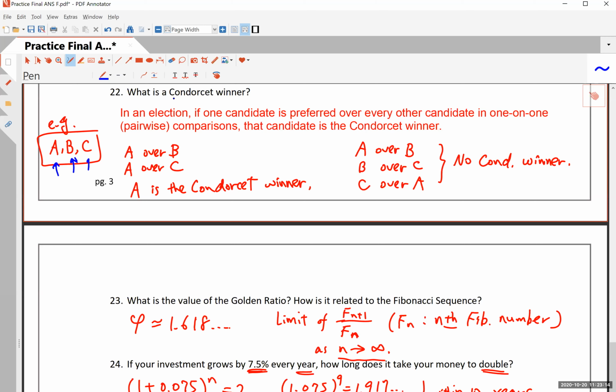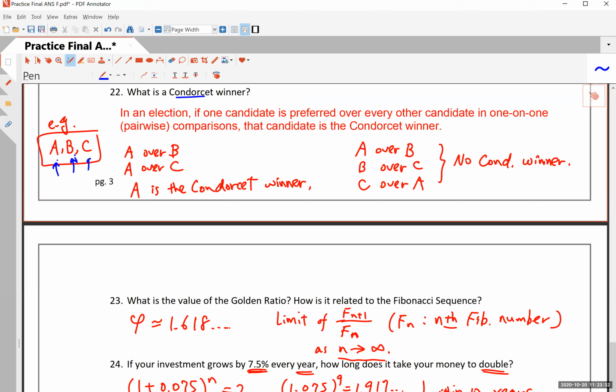And under the Condorcet method of election, the Condorcet winner, if that person exists, will be declared the winner. So if you have A, B, C, if A is preferred over B, and if A is preferred over C, then A would be called the Condorcet winner.